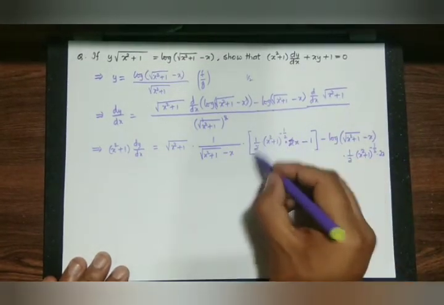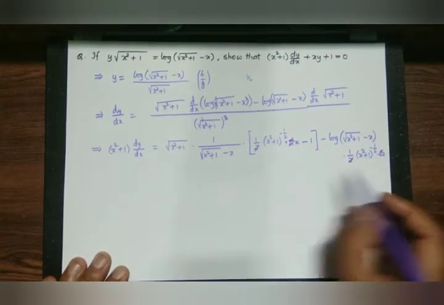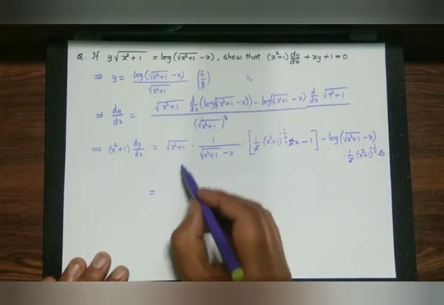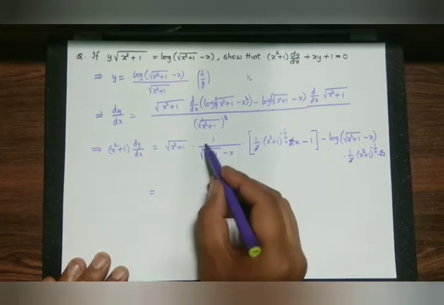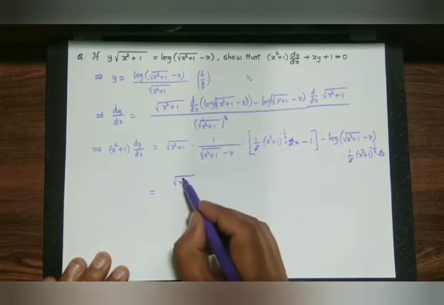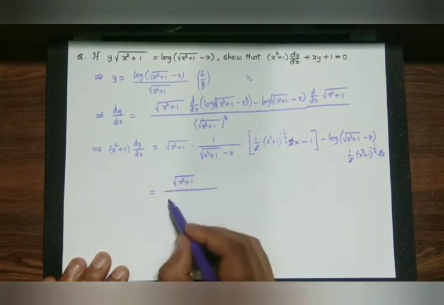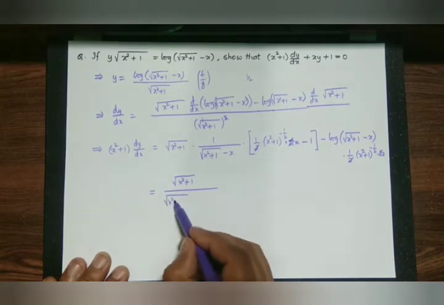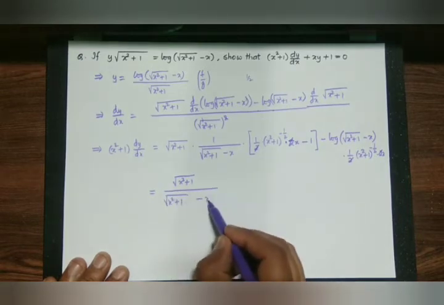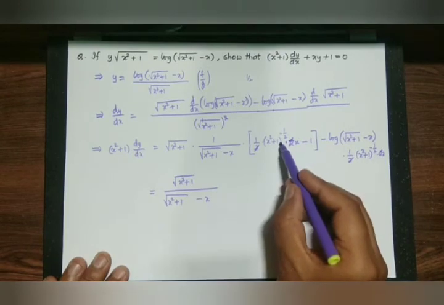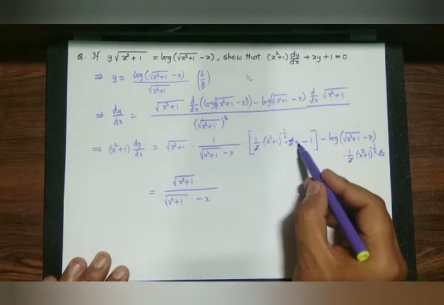So here this and this get cancelled, similarly this and this get cancelled, so simplify this. So we have this into 1 is root over x square plus 1, in the denominator we have x square plus 1 minus x, right? So this is 1 by, see, this is x is there, right?